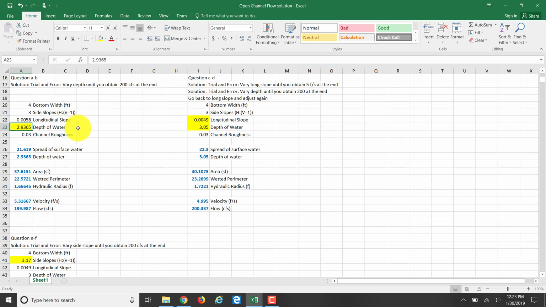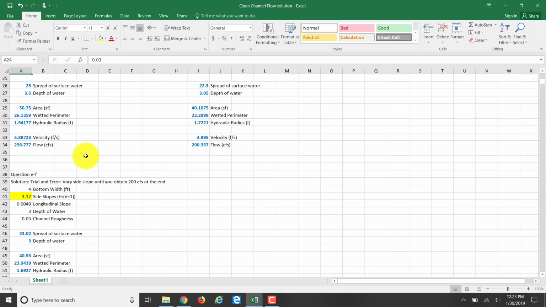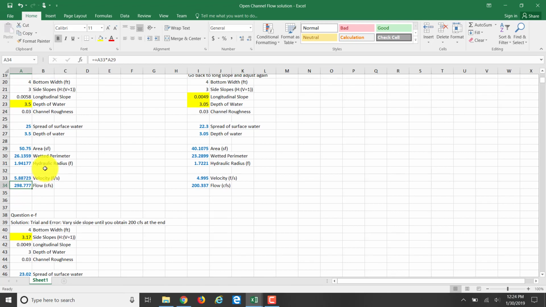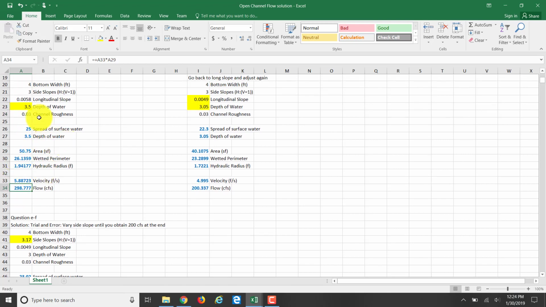But if I make an initial guess of 3.5, I could put that in, and I will see that I have 298. Obviously, that's more flow than I needed, so I'm going to size that channel, that ditch, so I get the 200 cubic feet per second.